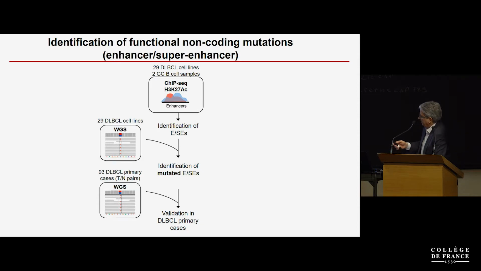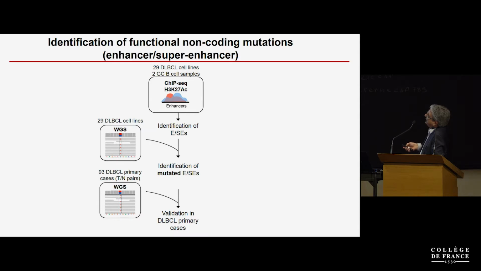And so what we did is look for identifying diffuse large cell lymphoma enhancers or super enhancers. Essentially, we took 29 cell lines representative of the major subgroups of diffuse large cell lymphoma and also some normal germinal center samples.